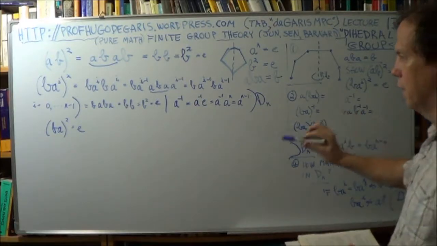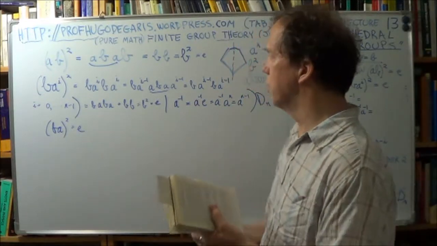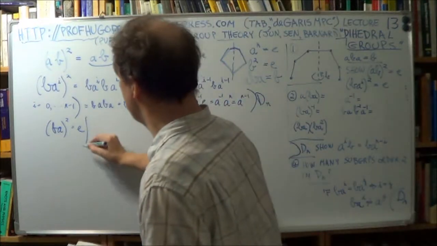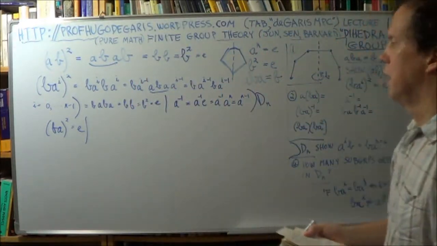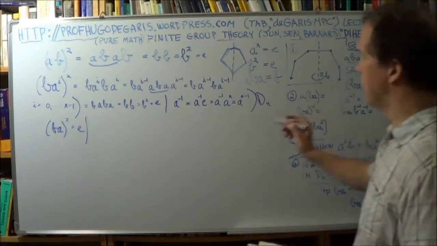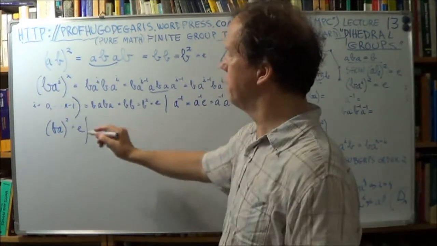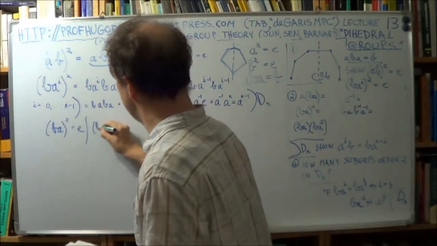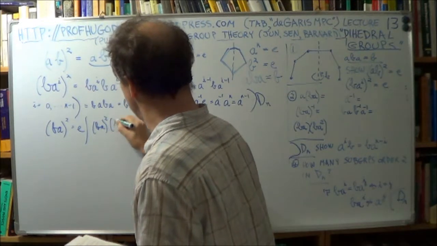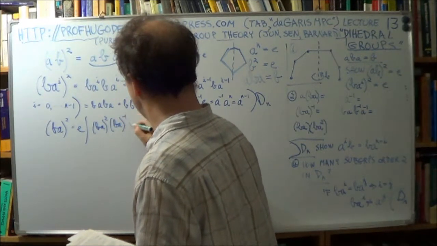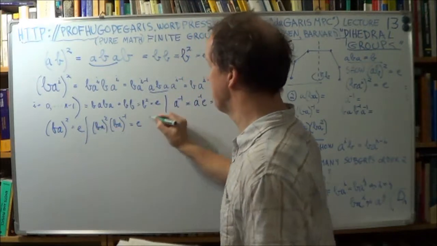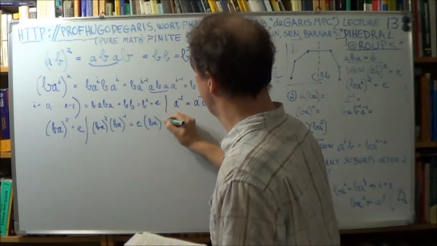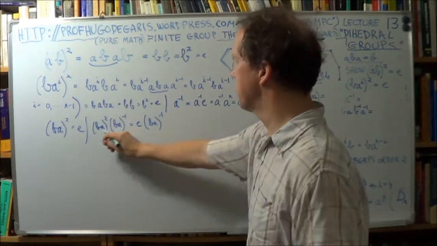That's what we're trying to find. And we know that that's true. Multiply both sides by BA inverse. So you'll get BA squared times BA inverse equals E times the same, BA inverse. Now what's this?